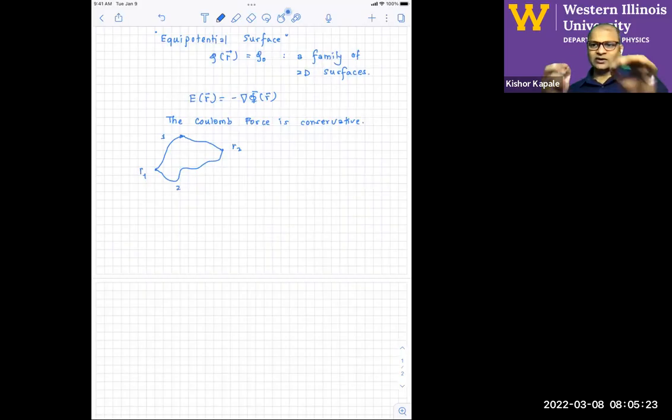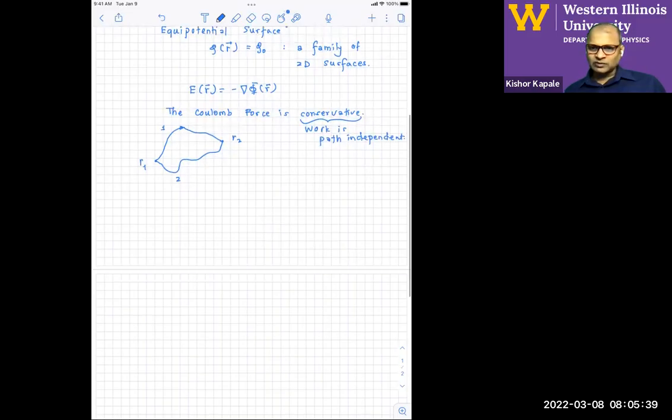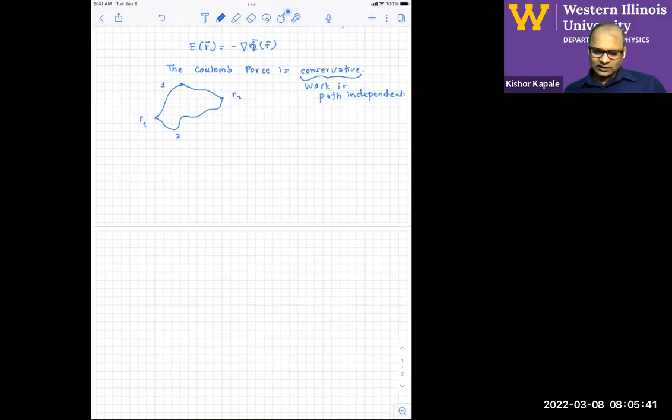It only depends on the endpoints, not the path, right? So the path independence basically means work is path independent. So I don't know whether it was Malik or Juan who said this. If you complete the loop, you go from R1 to R2 along one path, come back on the other path, you are going to get the total work done to be 0, right?